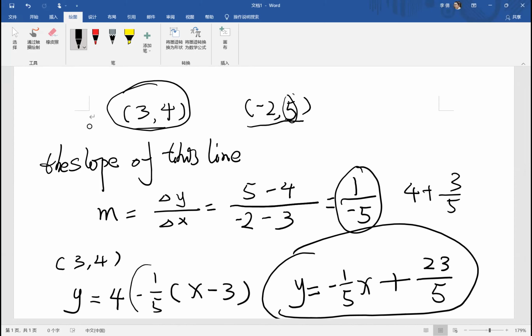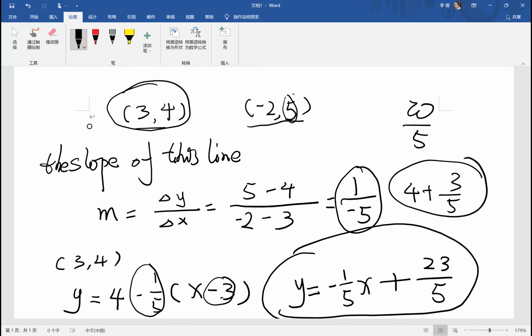This is -1/5, and this is -3, and this will be +3/5, right? And this 4 is equal to 20/5, right? And if we add 3/5, it will be 23/5. Okay, next slide.